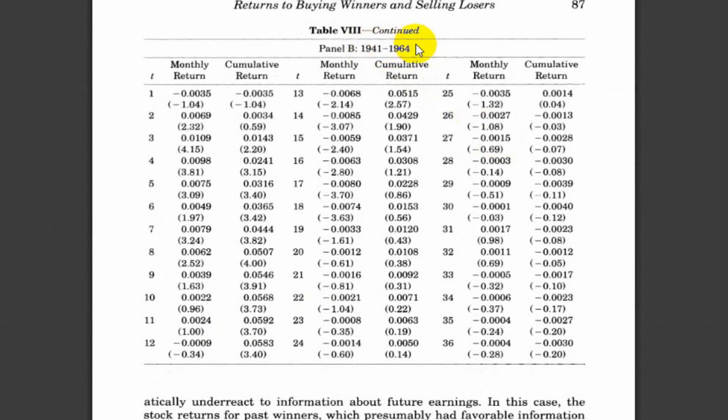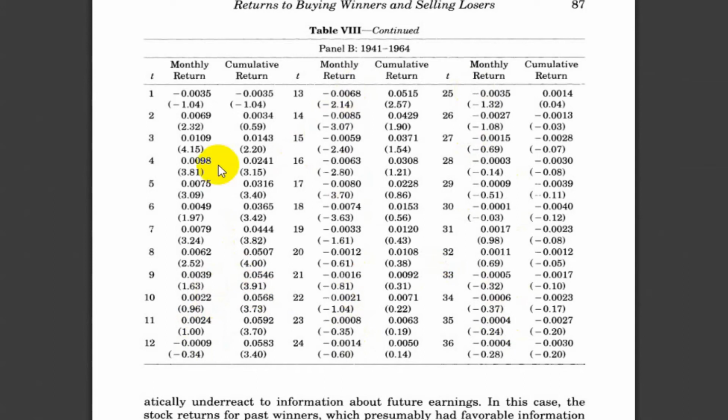If you remember, this period should be similar to the 65 to 89 period that we looked at in prior sections. And we've got the same table as before with the same structure. And so taking a look, the first month is slightly negative, as has been in all the cases. And then we've got positive returns going forward all the way through the first year, and then negative returns thereafter.